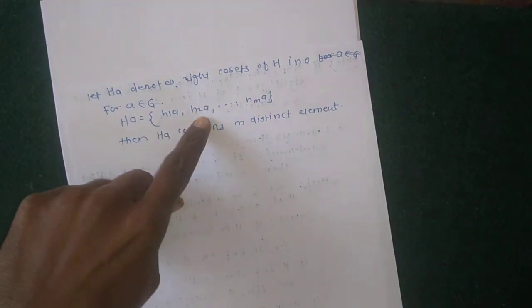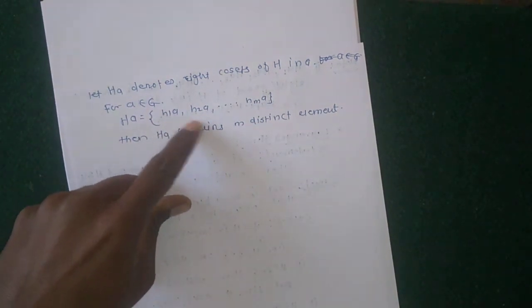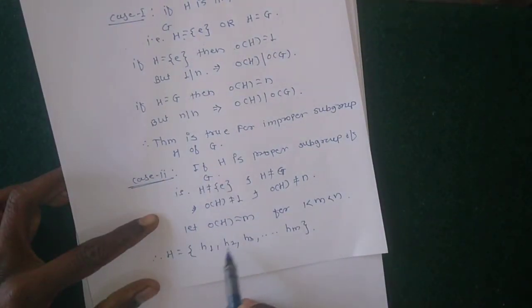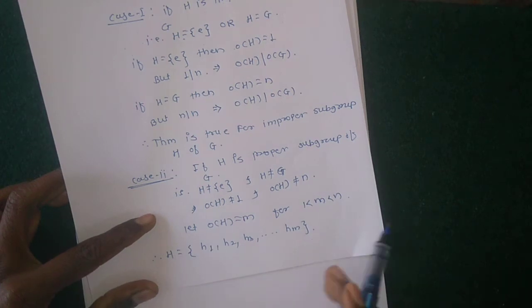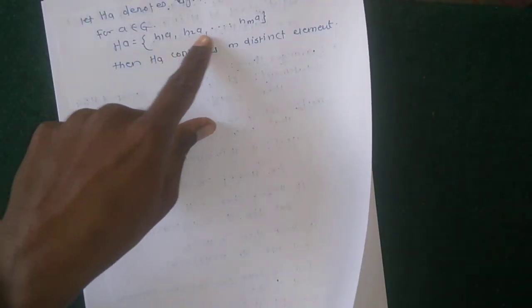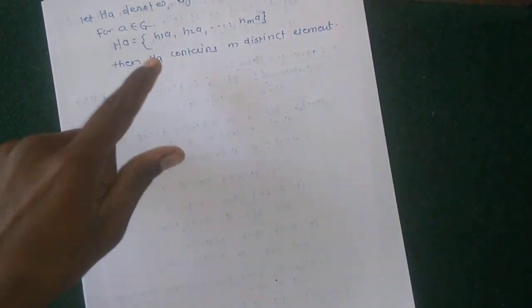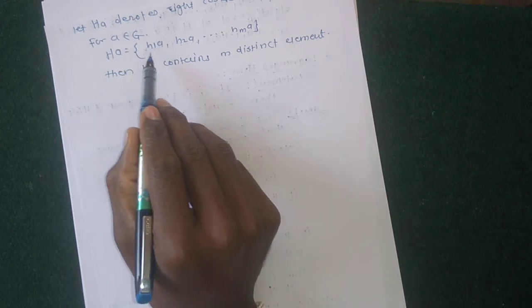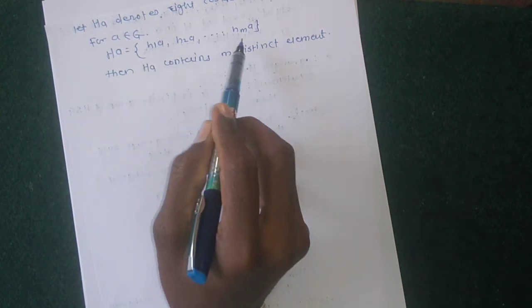But h1 is not equal to h2; if h1 equaled h2, then the order of H would be less than m. So these are all distinct elements: the right coset contains m distinct elements.